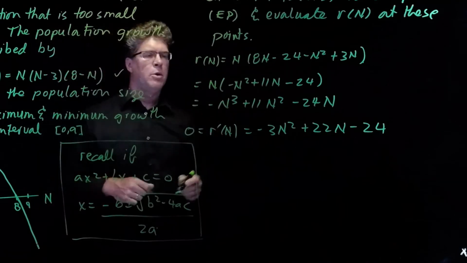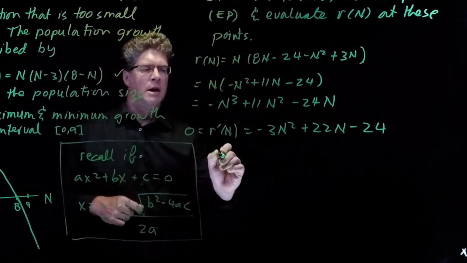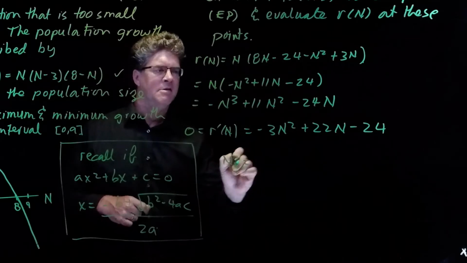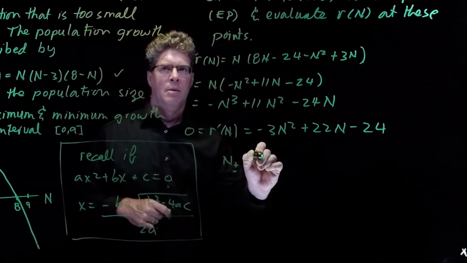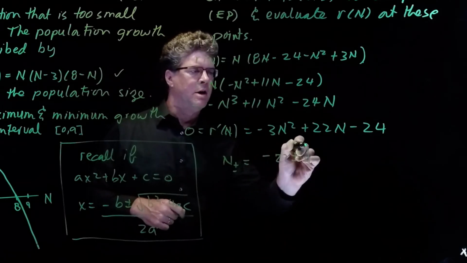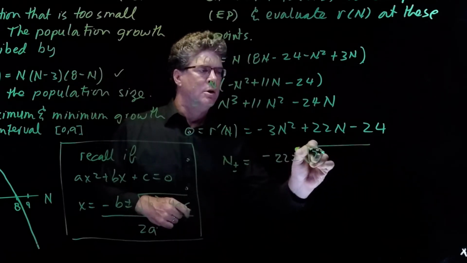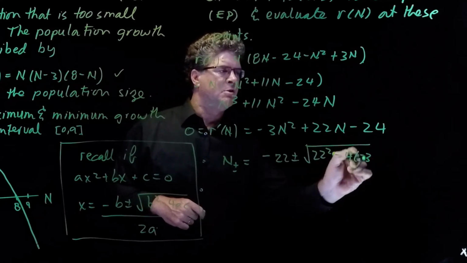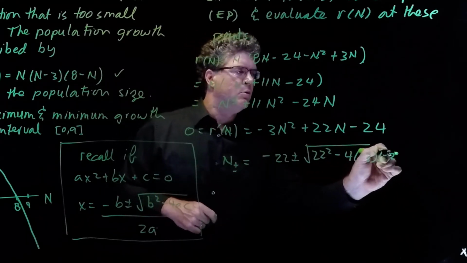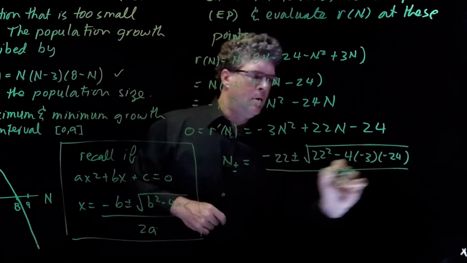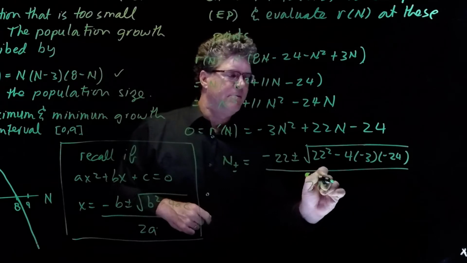Okay, we can apply the quadratic formula here, and we get n plus or minus is equal to minus 22 plus or minus the square root of 22 squared minus 4 times minus 3 times minus 24 over 2 times minus 3.